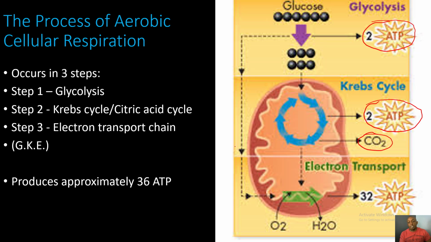Step three is the Electron Transport Chain, where the most ATP is produced. You usually have 32 to 34 ATP produced at this part of the process. I like to remember it by saying GKE, which stands for glycolysis, Krebs cycle, and electron transport chain. Overall, aerobic cellular respiration produces approximately 36 ATP.